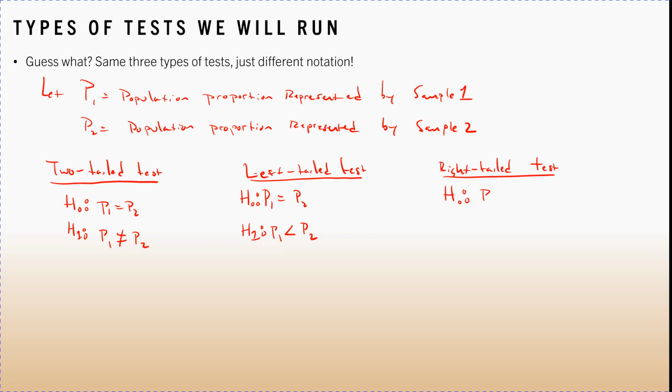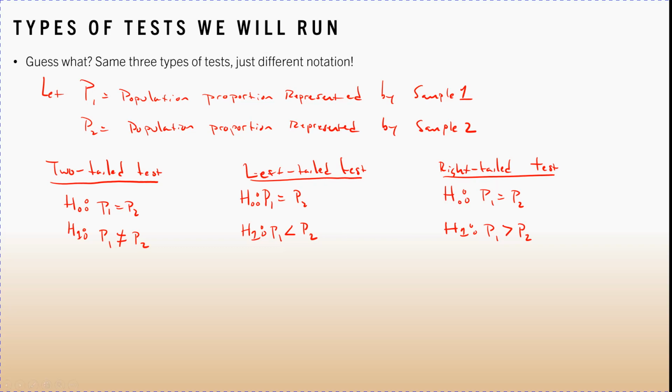For the right-tailed test, the null is P1 is equal to P2. Always start with the assumption of equality. And our alternative would be P1 is greater than P2. The notation is slightly different, and what we input in our calculators is a little different, but as always, we're going to rely very heavily on our graphing calculator for this.